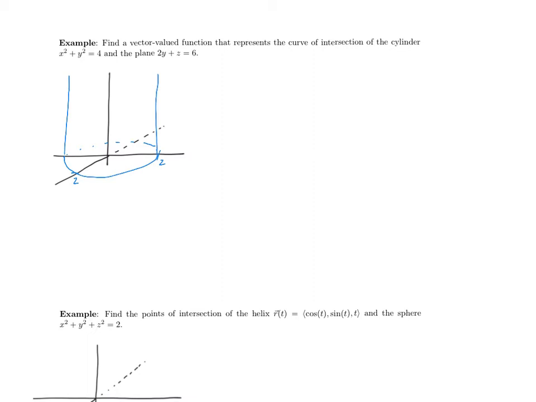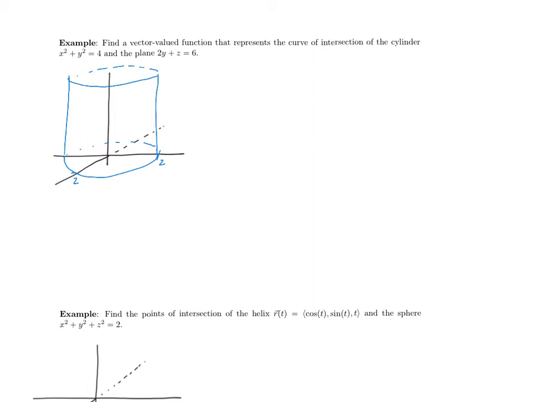And then what we're doing is we are taking a plane and we are cutting this cylinder. And I don't need to draw the specific plane. I just need to get a rough idea.